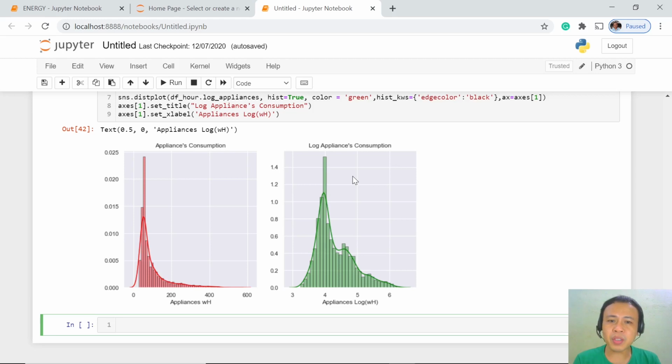Remember that we are using here the linear regression algorithm, and the assumption behind linear regression is that there is normality of distribution. Because of this, the distribution before the transformation cannot give justice to linear regression. If we're going to follow this one, then there would be a great bias in our prediction.